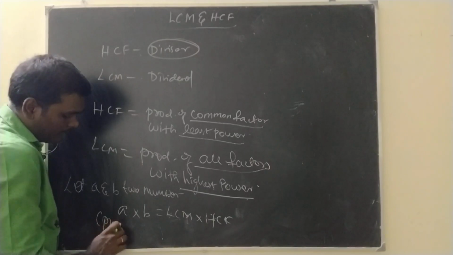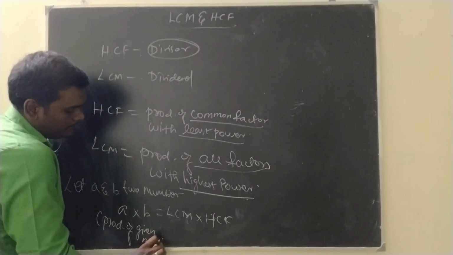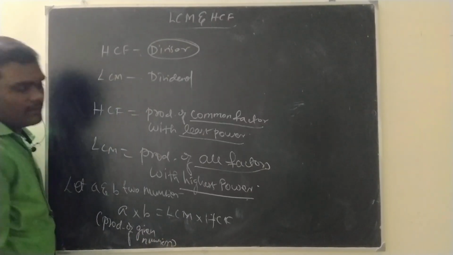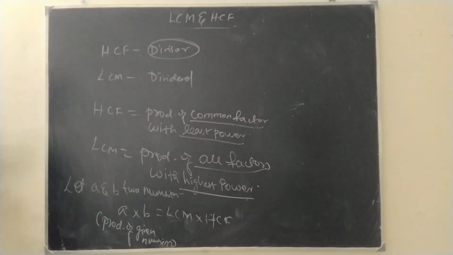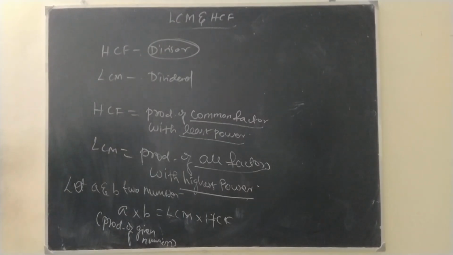This A into B is the product of the given numbers actually. Okay, that is it. With this note, I'll be giving you some questions. You have to solve those. Have you written everything? Shall I erase?